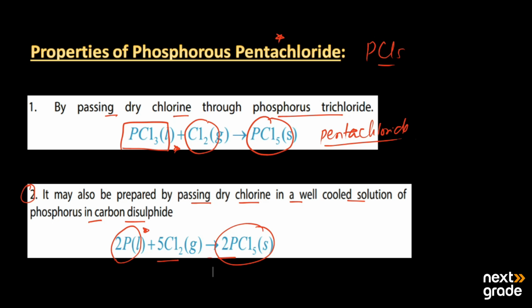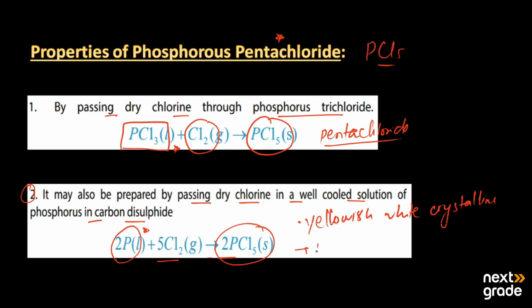Now this pentachloride that we have obtained in this chemical process has some specific properties. Phosphorus pentachloride is a yellowish white crystalline solid. Yellowish white means it will be in a pale yellow color, so that's why we call it a yellowish white crystalline solid, and it can be easily sublimed.